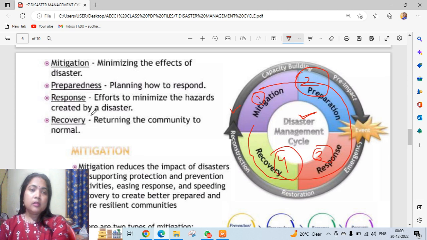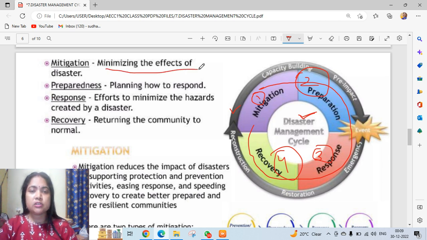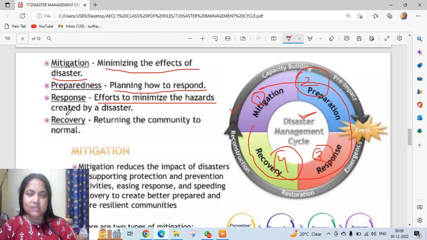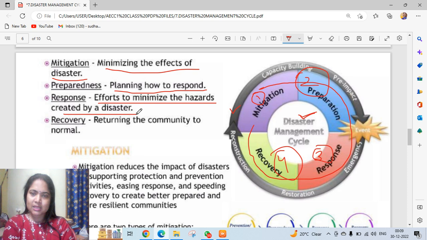Okay, so mitigation means minimizing the effect of disaster. Preparedness means planning how to respond when disaster will occur. Then response means efforts to minimize the hazards created by a disaster, because you know that when disaster will occur it will affect the life and property, isn't it?